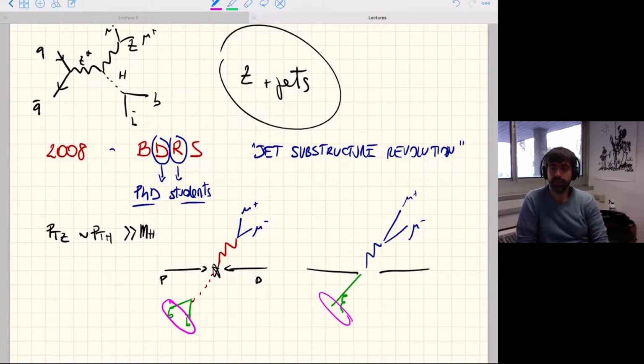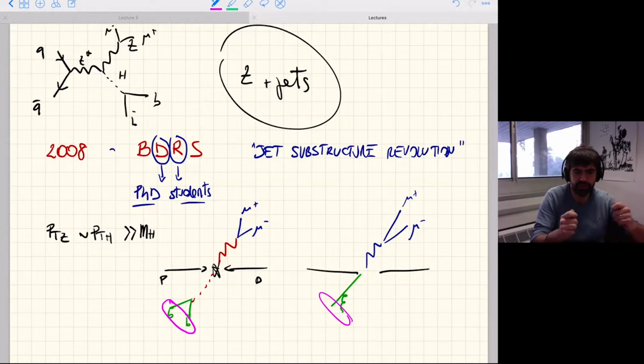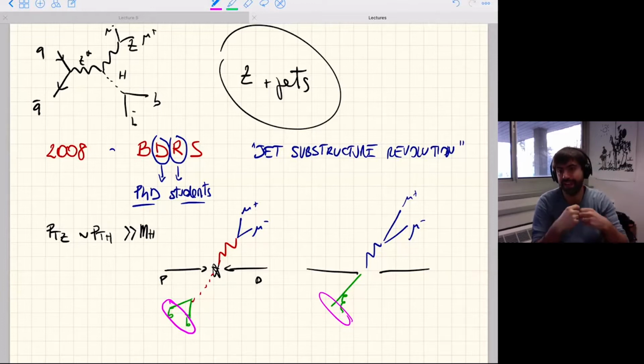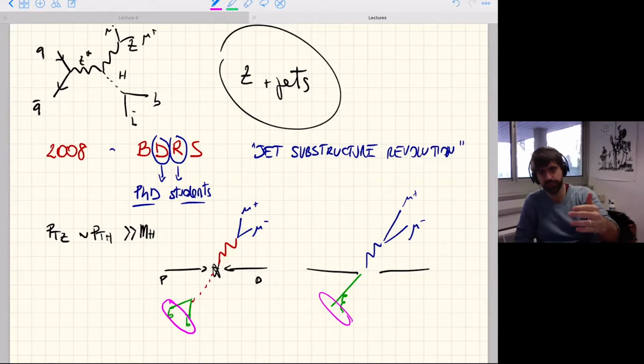So that's the key observation. I can fight the combinatorial background, the fact that if I produce many jets, I don't know how to pair them, by really going to the boosted regime. And the LHC is powerful enough that I have a lot of phase space to do so, and really comparing two big jets, try to distinguish whether they are signal jets, originating from the boosted Higgs decaying to b b-bar, or the background jets, the QCD jets.